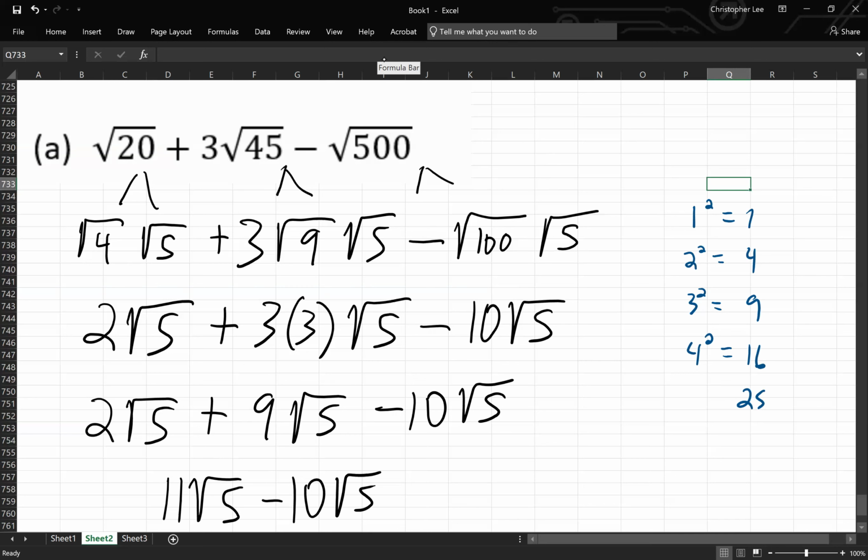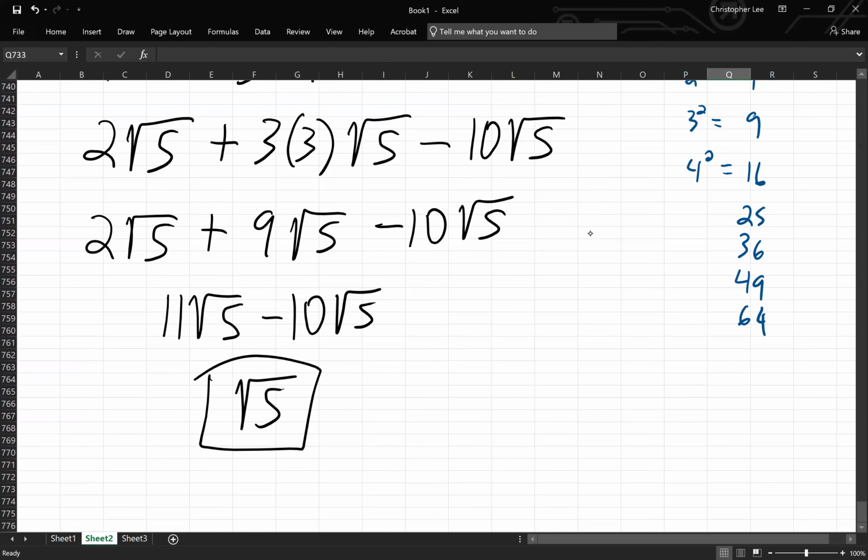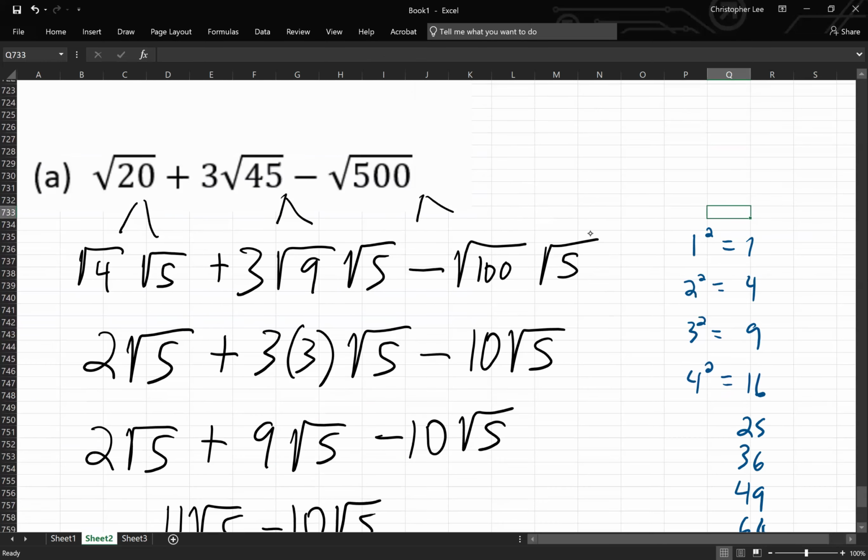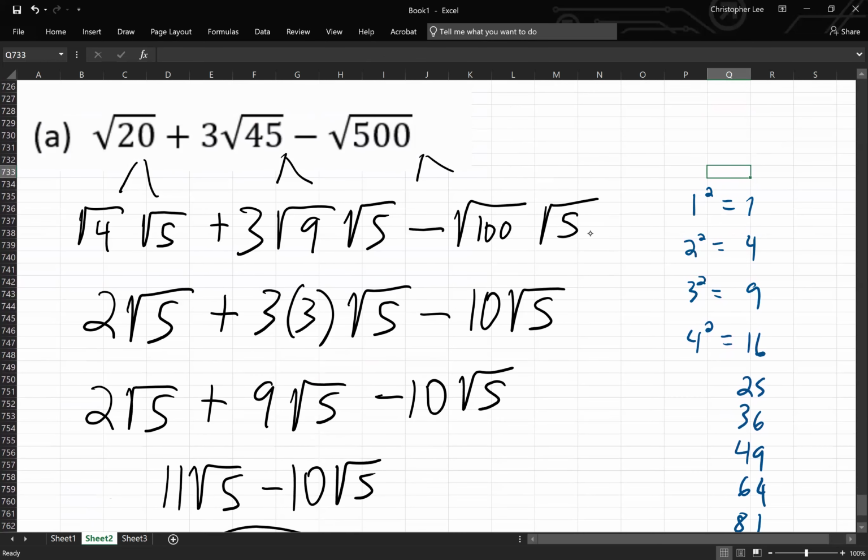Then you have 25, 36, 49, 64, 81. What am I forgetting? 100. And then 121 and then 144. If you can't tell what the perfect square is, you can go backwards.